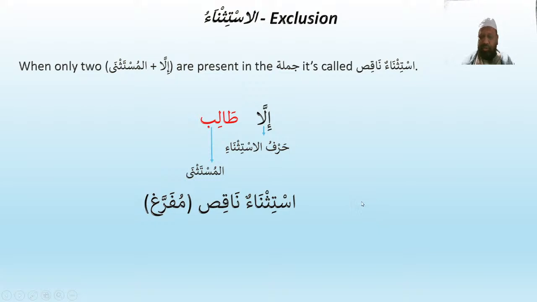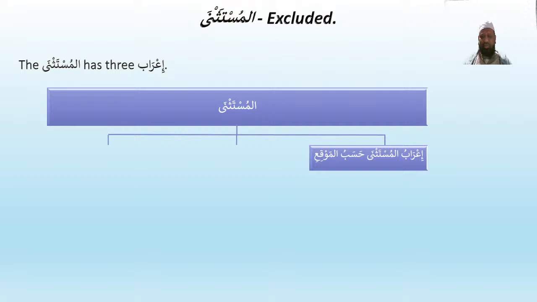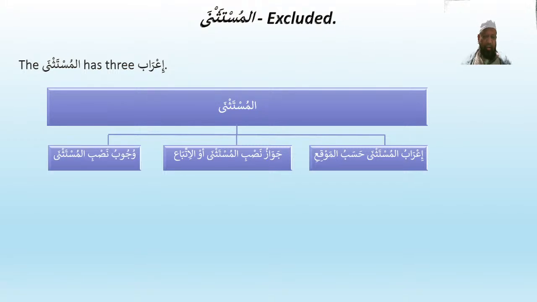All right. So here the al-mustathna has three i'rab. Number one is i'rabul mustathna hasabul mawqi', which we have done the i'rab of this first halat. And number two, jawazu nasb al-mustathna wal ittiba'. This is what we are going to do in today's lesson. And number three, ujubu nasb al-mustathna.